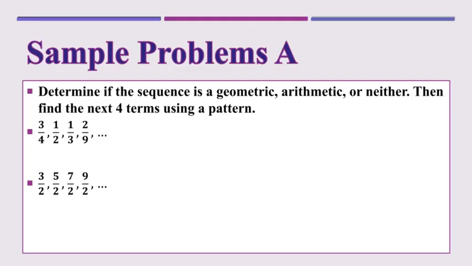Next, we have 3/4, 1/2, 1/3, 2/9. For this one, let's see if this would be 3/4 to 2/4. And then from 1/3, we had all common denominators on that one.